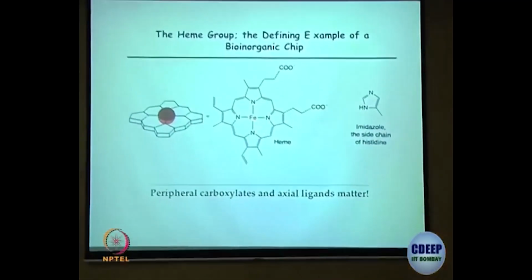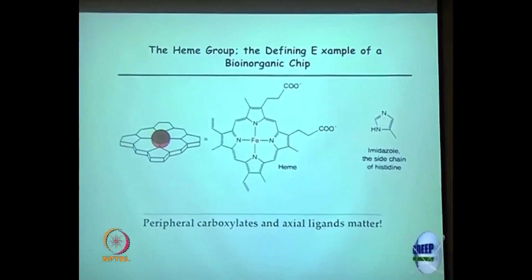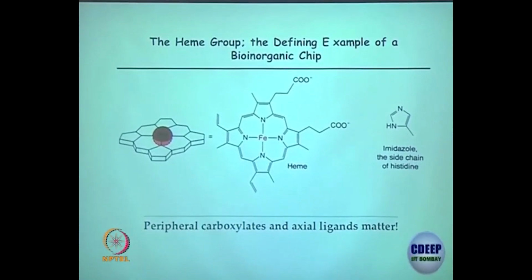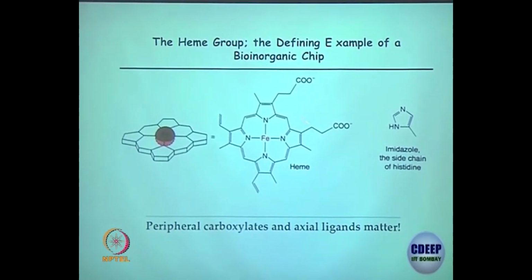You see 6-membered ring, 6-membered ring, 6-membered ring, and 6-membered ring. It's holding it very tightly. You do not have to memorize this side chain. You have to just remember the core structure. Core structure includes this pyrrole ring, right?